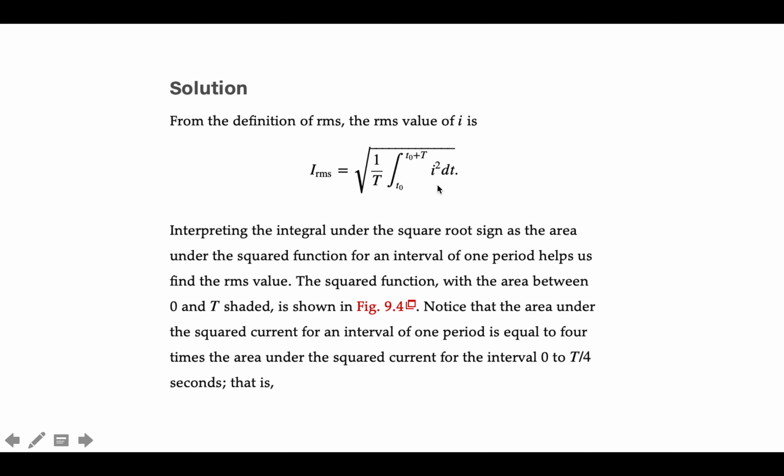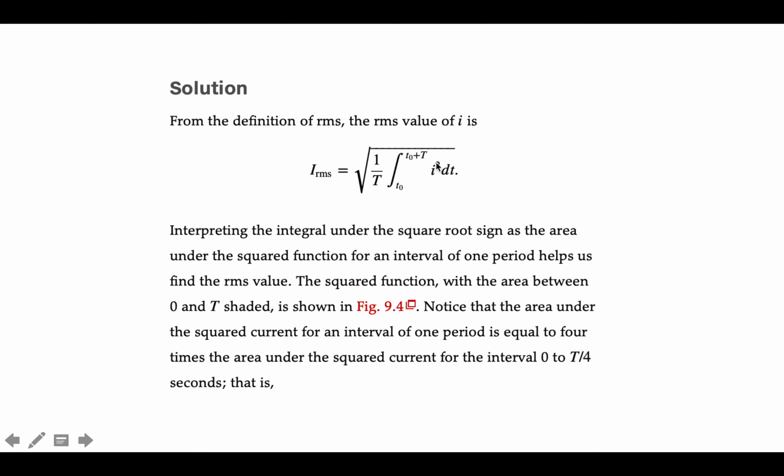We talked about how the formula 1 over the square root of 2 is only accurate for the cosine function. So this is not a cosine function. So we're going to work from the definition of the RMS, which means we take I and we square it and integrate it over a period, and then we divide by the period after it's been integrated, and then we take the square root.